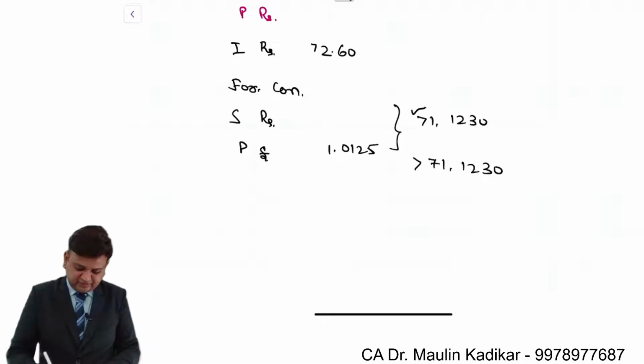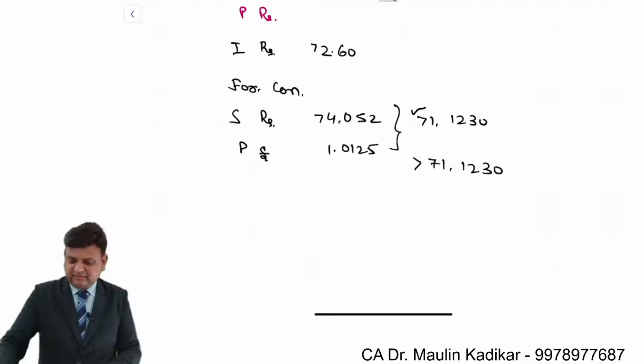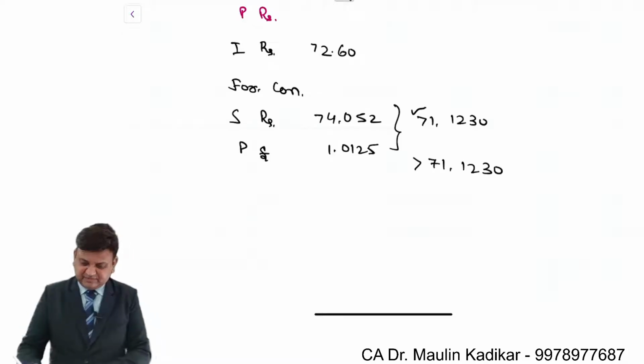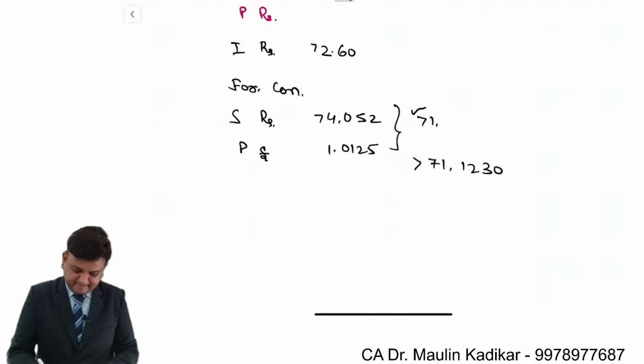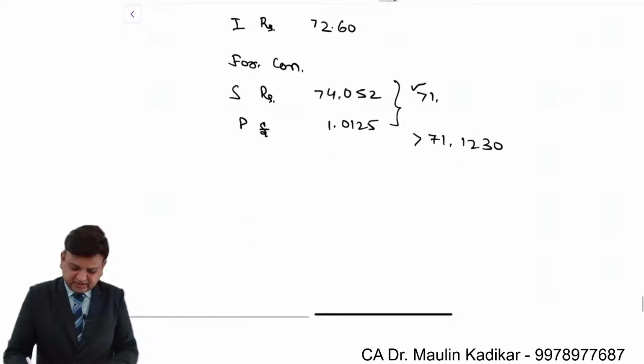So it is 74.052 divided by 1.0125. That comes to 73.1378.